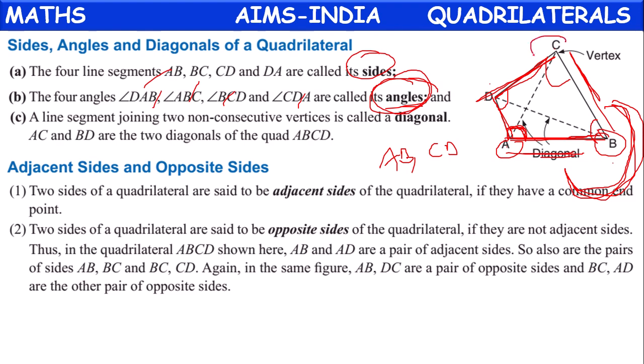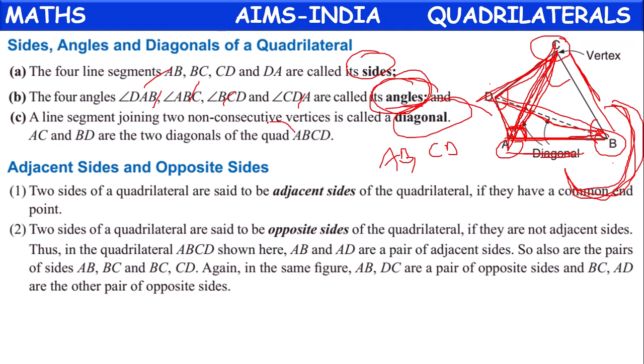This A and C are called non-consecutive vertices because they are not side by side, or they are also called opposite vertices. So the line joining the non-consecutive vertices or opposite vertices, this AC and BD, these two line segments are called diagonals.